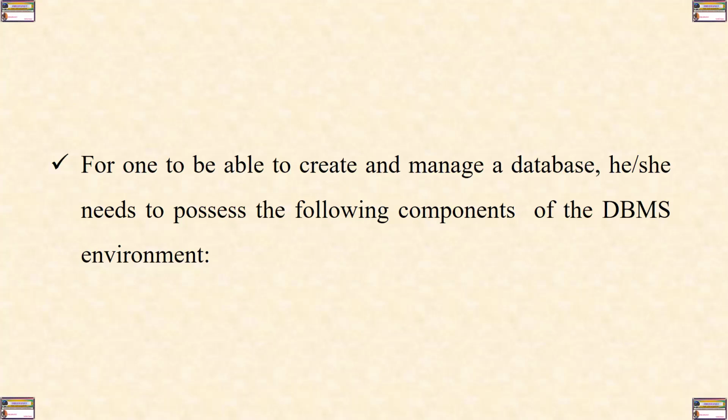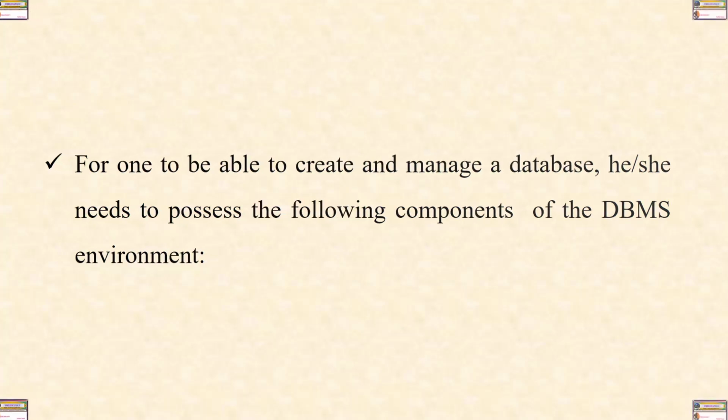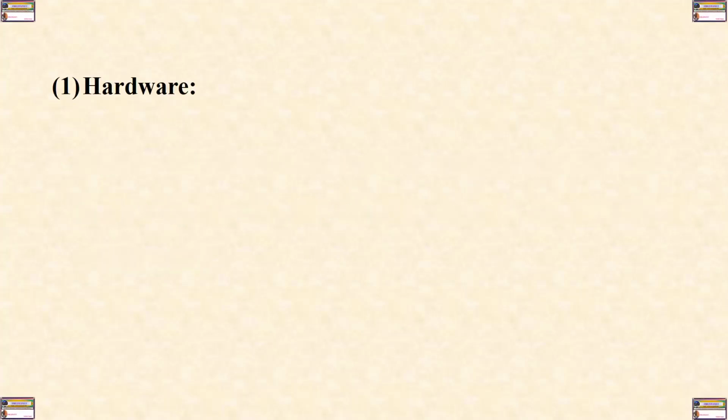For one to be able to create and manage a database, he or she needs to possess the following components of the database management system environment. In other words, for you to be able to create a database, you need to have the following. Number one, you need to have the right hardware. Now, what is hardware? Hardware are the physical and tangible electronic and mechanical components of a computer system.